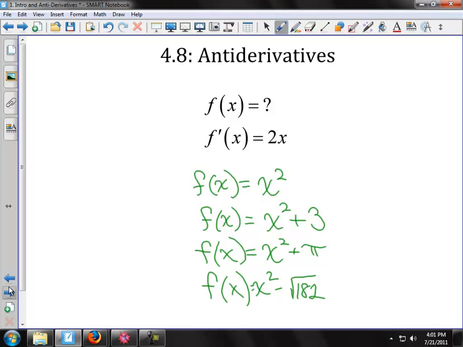All those things have a derivative of 2x. So what can you tell me in general? In general, f of x is going to be x squared plus some constant that we don't know what it is. And that's called the general antiderivative of 2x.